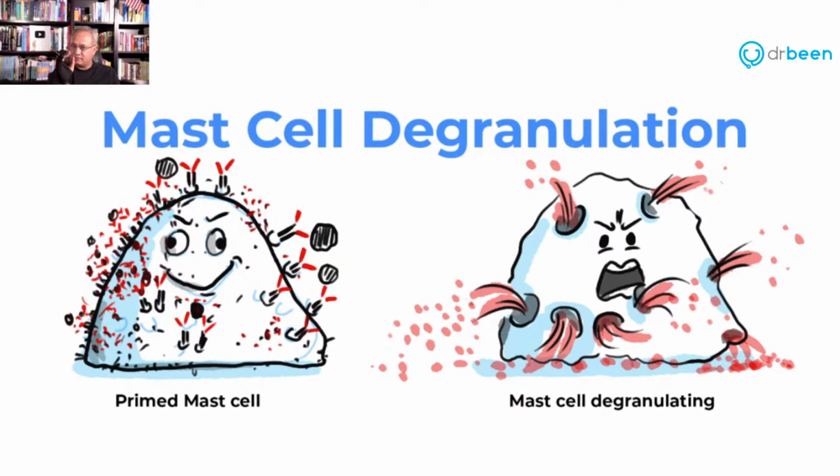Those IgEs will go and attach to the mast cells, and the very first time we are exposed, I will not have a response to the allergen. It's just that my mast cells have now become primed. And so I ate peanuts, I'm okay.